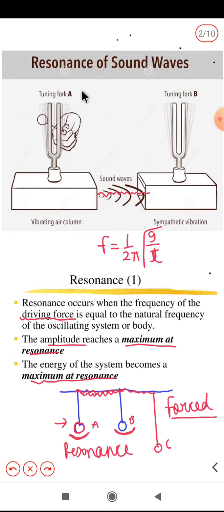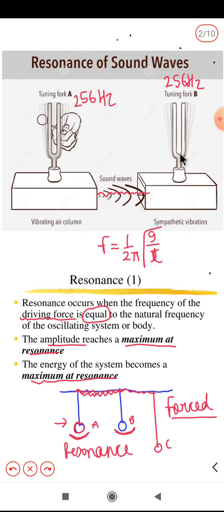But there is a condition: if the frequency of this tuning fork is 256 hertz, tuning fork B should also have the same frequency, so that resonance will occur. So, one condition is there: frequency has to be equal.